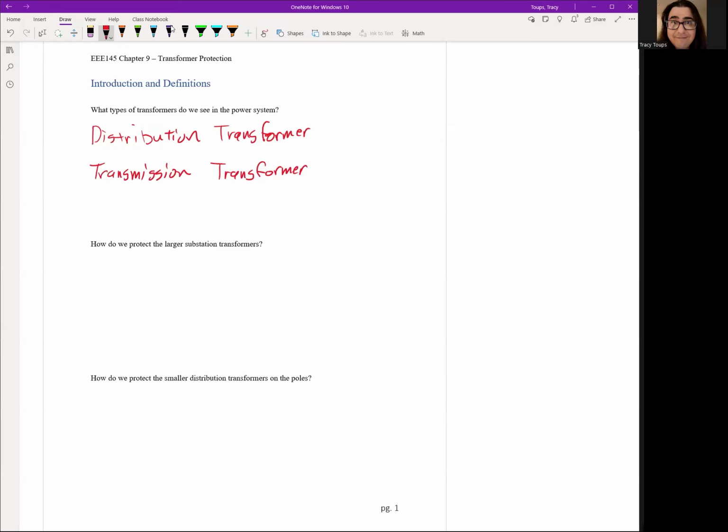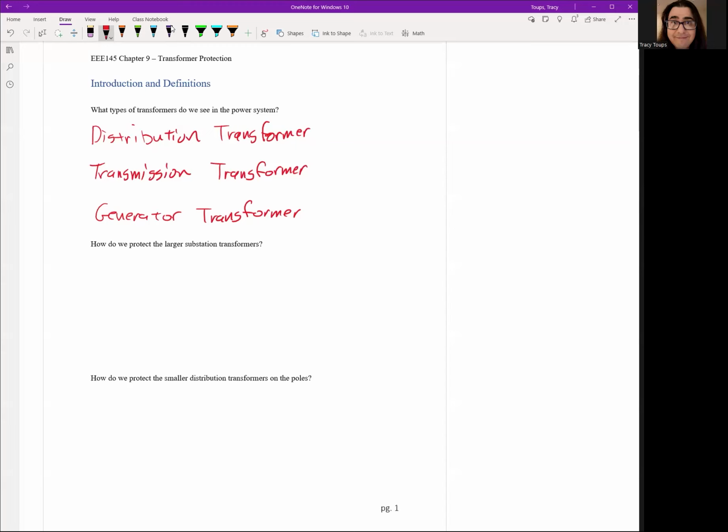And the last big group is your generator step-up transformers, or generator transformers. Generators typically operate in the 10 kV range, so you want to take that 25 kV or 13.8 kV level and raise it up to grid transmission level, which is like 115 kV or so.